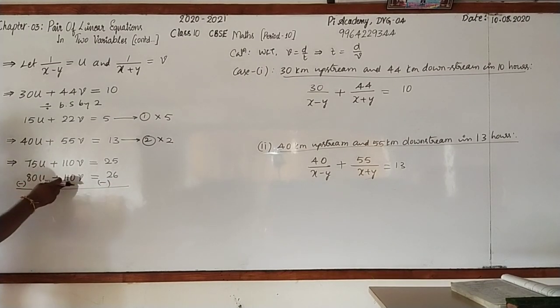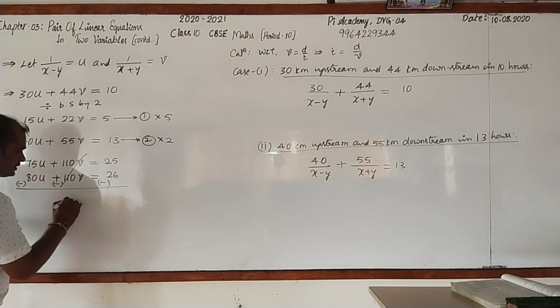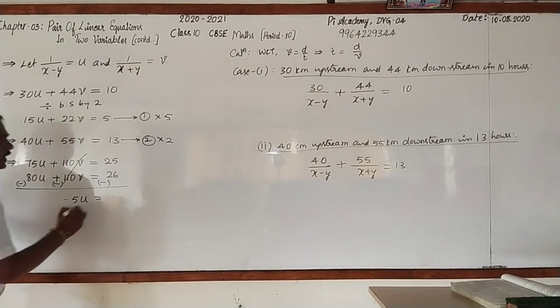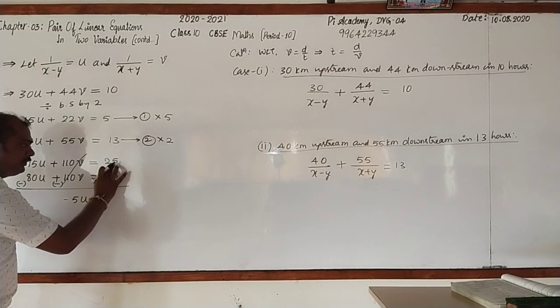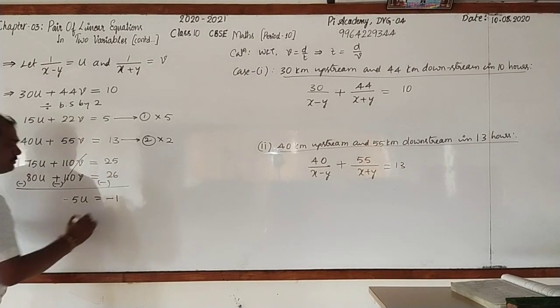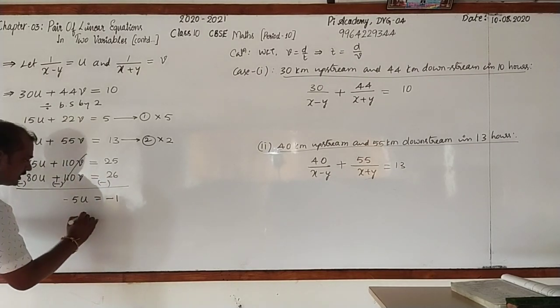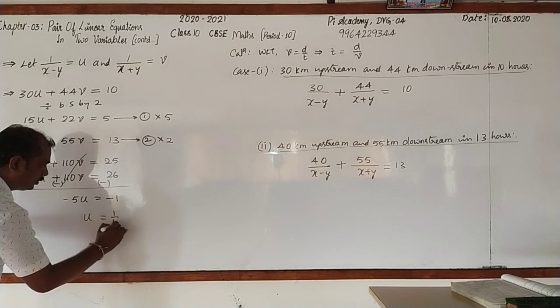Because here the coefficient of v is the same but not in opposite sign. Hence we have changed the sign. These two get cancelled. What is 75u minus 80u? Yes, you are right. Minus 5u is equal to 25 minus 26, it is minus 1. Minus minus get cancelled. u is equal to 1 by 5.